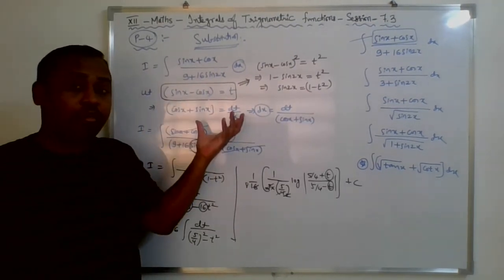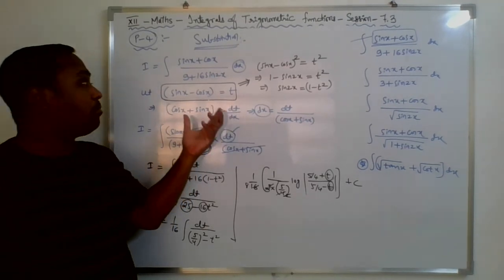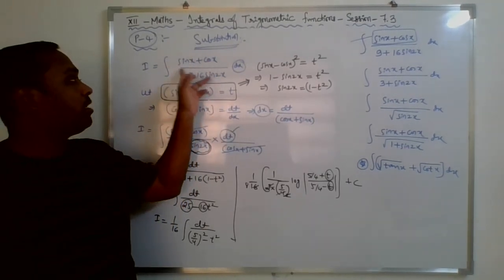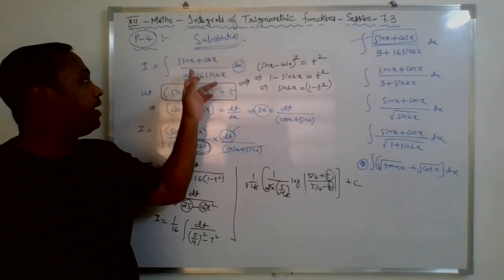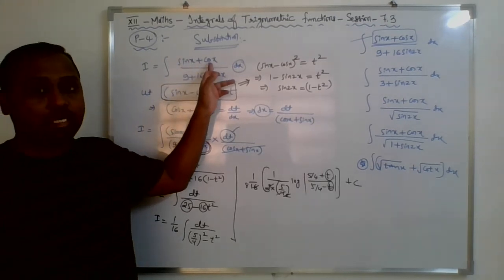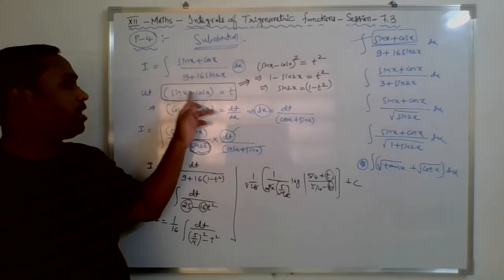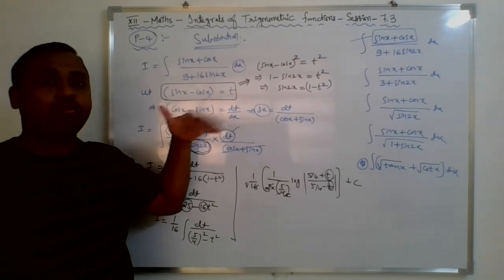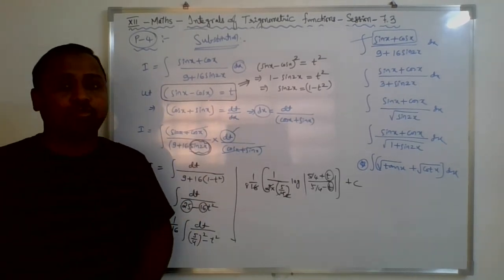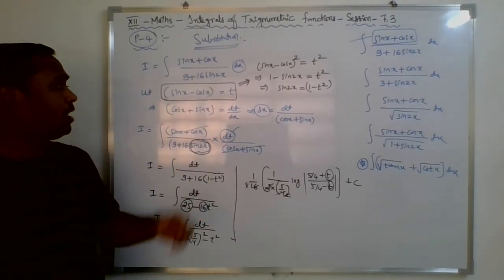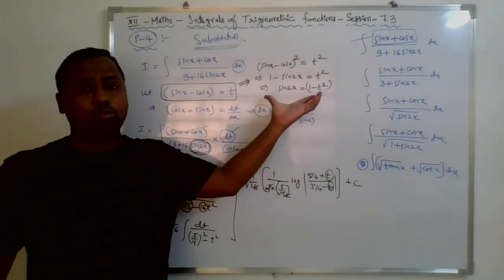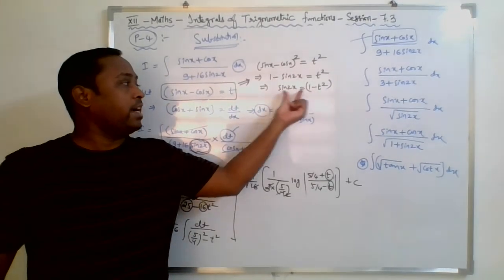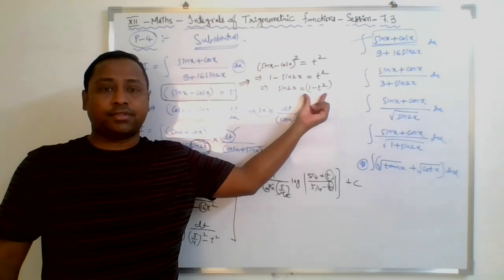But how to remember this? Simply take the numerator and do the integral. Integration of sin x plus cos x is sin x minus cos x. So that should be the factor to be remembered, nothing else. And then go for squaring on both sides. You will get sin 2x as 1 minus t square.